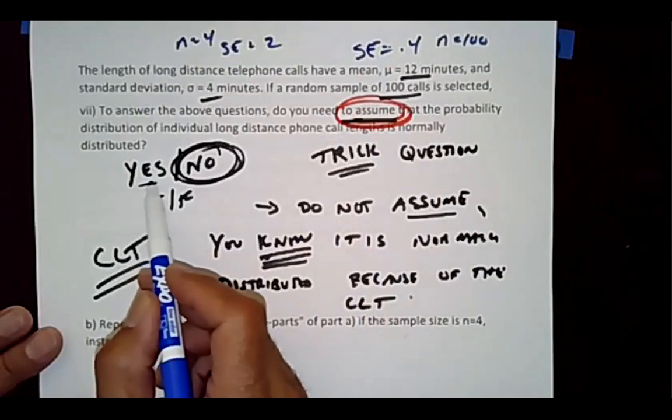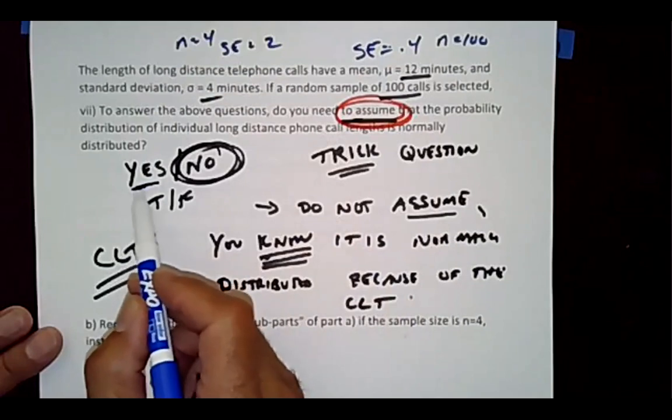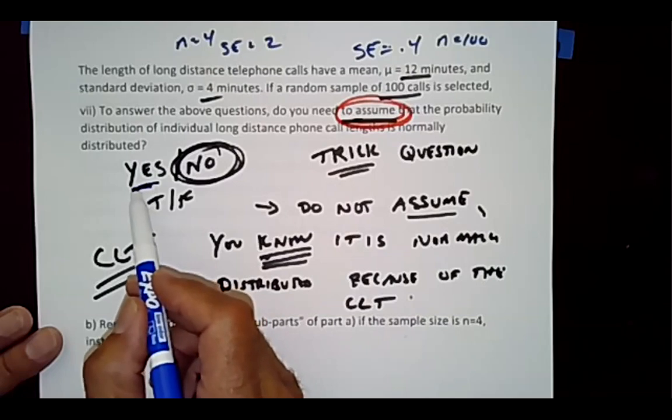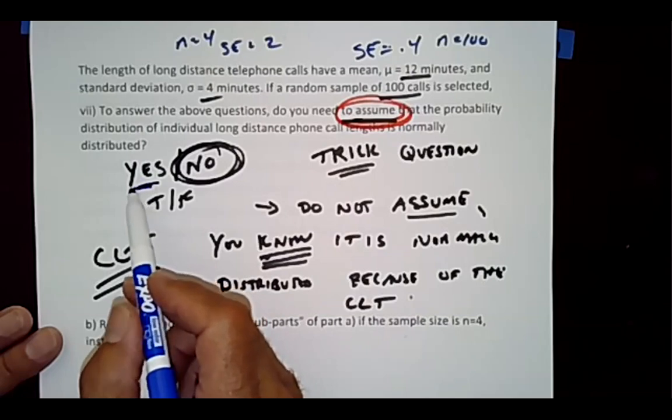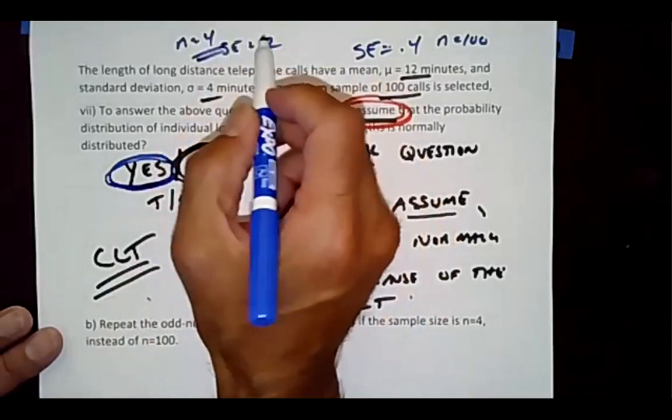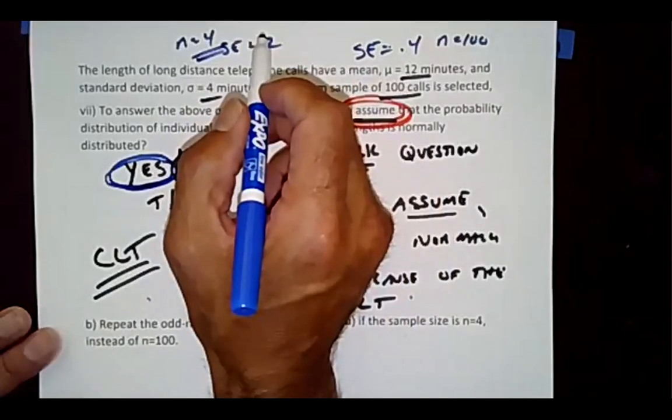The answer is clearly yes. Now we have to assume it, because since your n is less than 15, you cannot invoke the CLT.